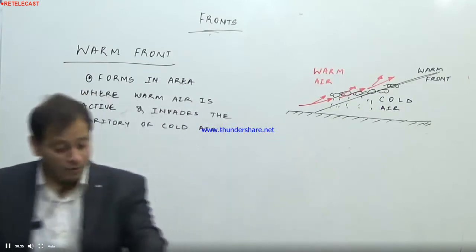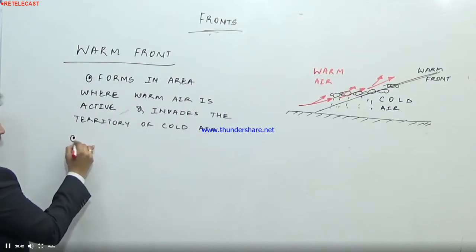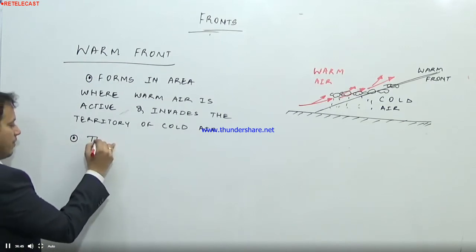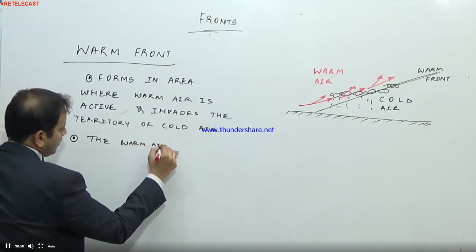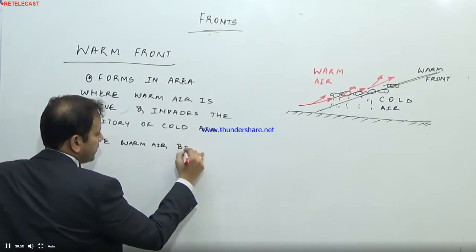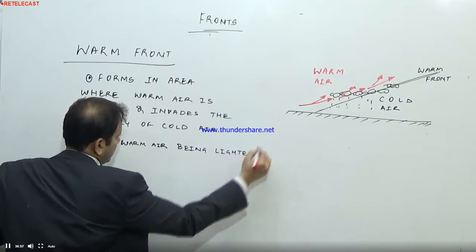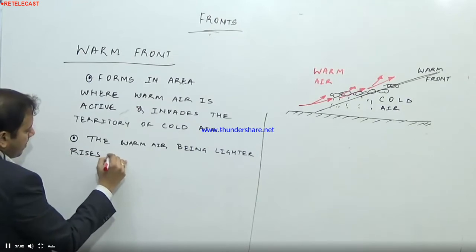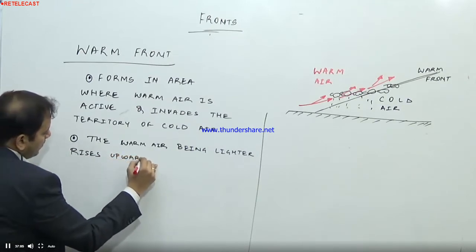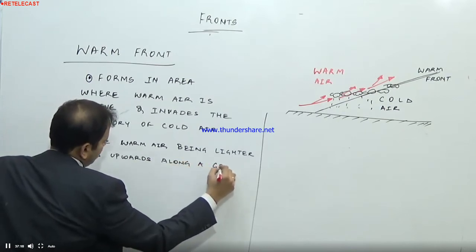So what is occurring in the warm front? The warm air, being lighter, rises upwards along a gentle slope.